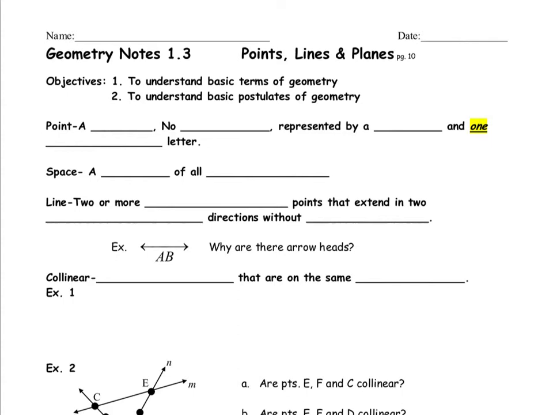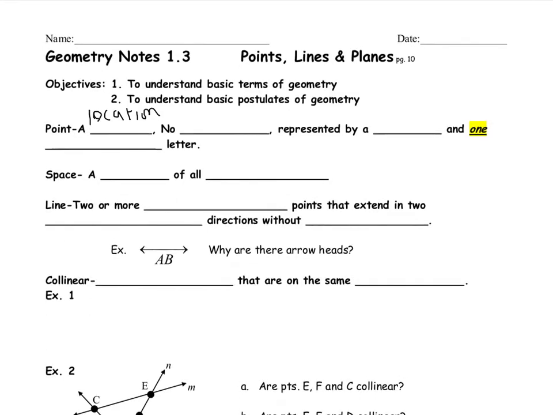So the first thing is, what's a point? It's a location, and there's no size. It's represented by a dot and a capital letter. So a location, and it has no size.